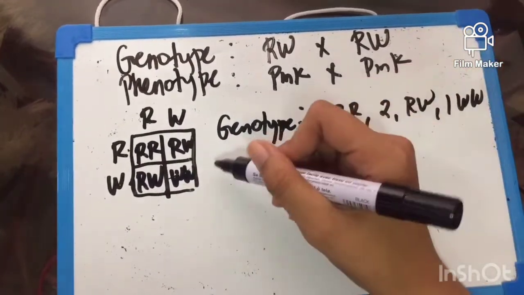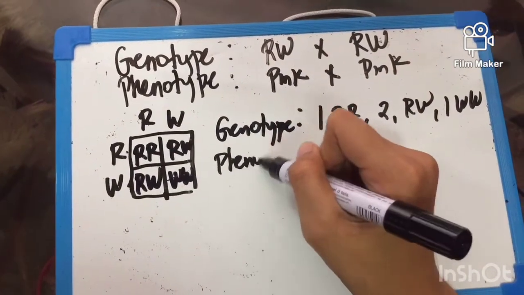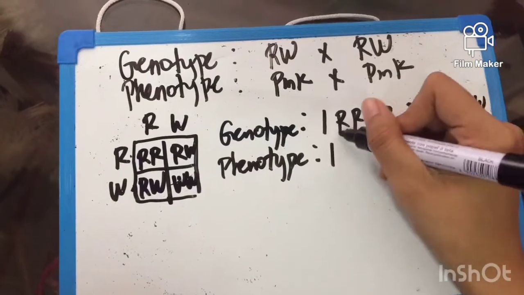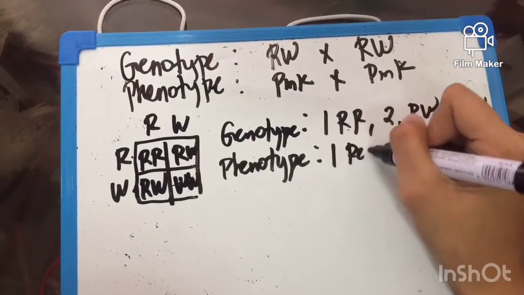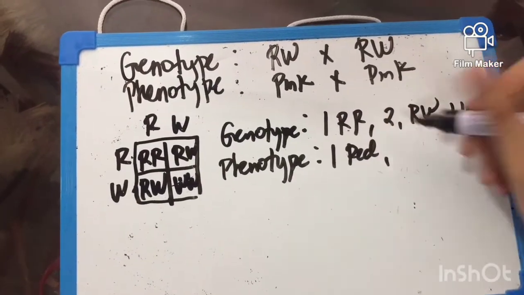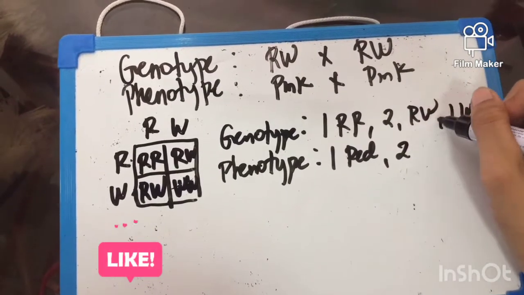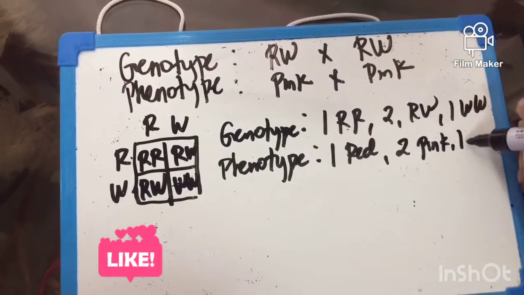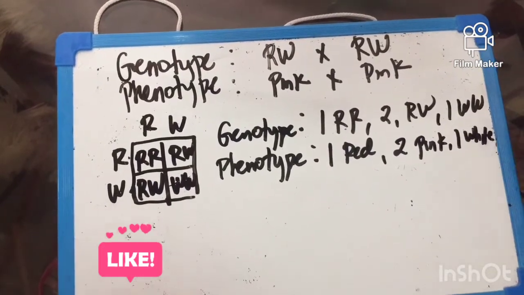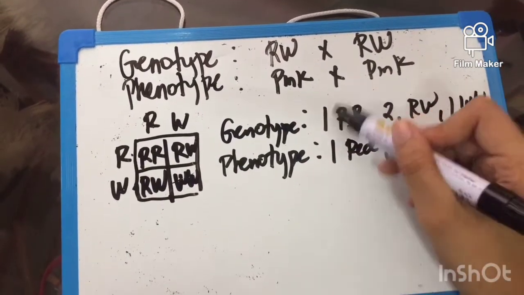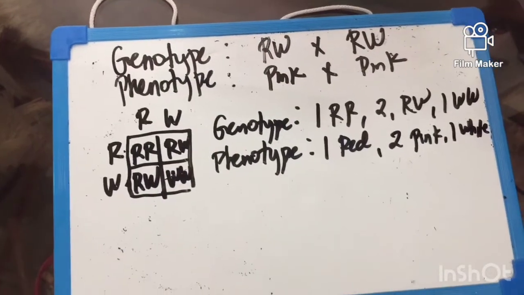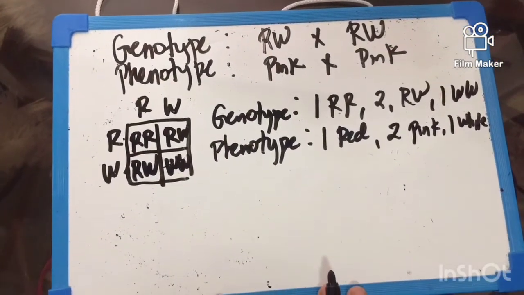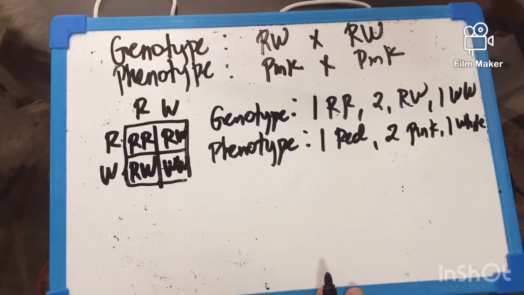For phenotype, 1 RR means red, 2 RW means pink, and 1 white. These are given. You just need to follow what the genotype is for that.